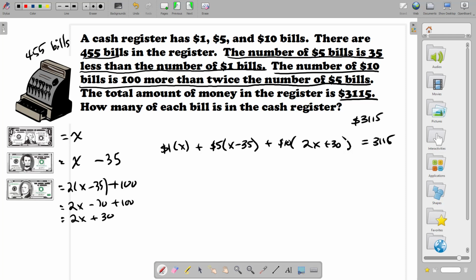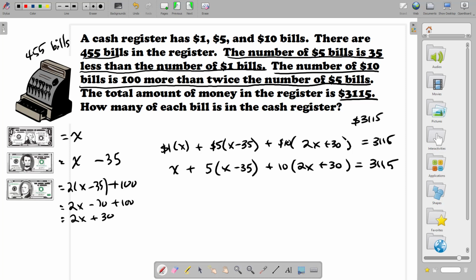Just to kind of clean that up and make it a little bit easier to work with. So this is really 1x plus 5 times x minus 35 plus 10 times 2x plus 30 equals 3,115.